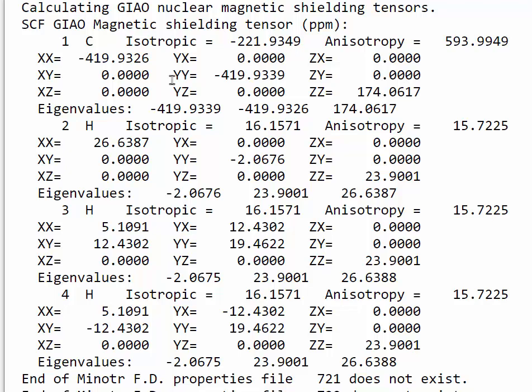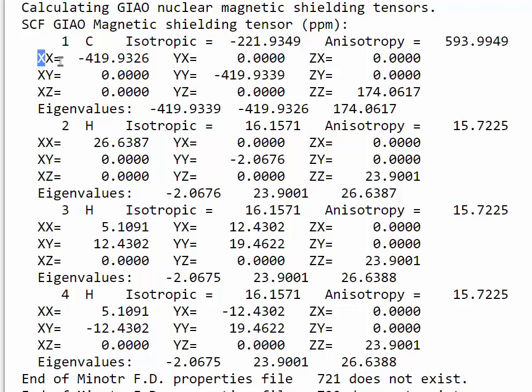Now there's also a bunch of numbers underneath here that are labeled with Cartesian axes. And so what we see here is a breakdown. This is called a tensor matrix. There's 9 numbers here. What does this mean?